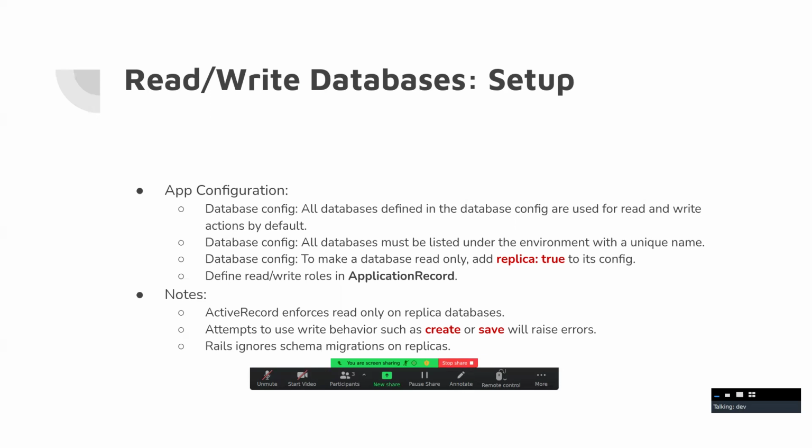So as far as Rails is concerned, replicas are just read-only databases. There's not any data copying mechanism within Rails. So as such, Rails is ignoring schema migrations. Migrations are only applied to the write, and if you have your database set up correctly, your other read databases will inherit those schema changes.